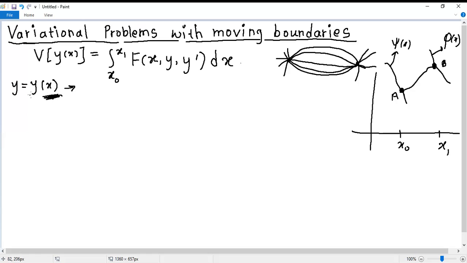Therefore, the curves y equal to y of x on which the extremum is attained by the functional in a moving boundary problem must be solutions of the Euler-Lagrange differential equation, which is given by Fy minus d by dx of Fy dash equal to zero. I already said in the previous video how we get that it satisfies this equation, and therefore this curve y equal to y of x must be an extremal.